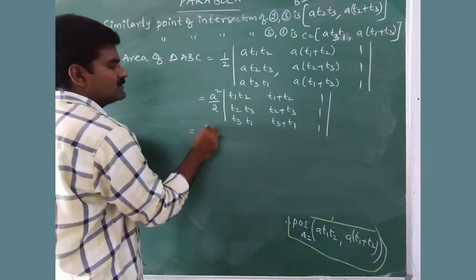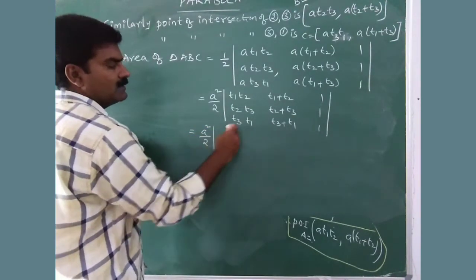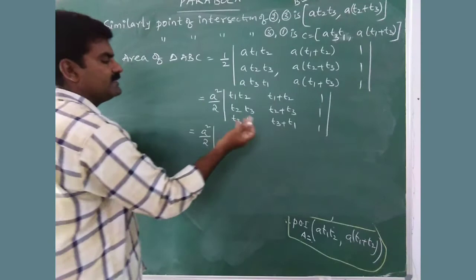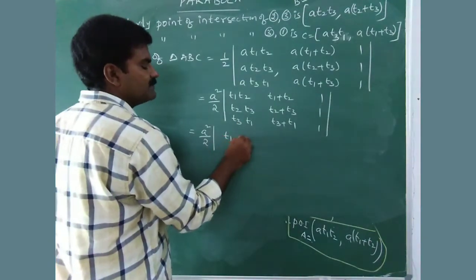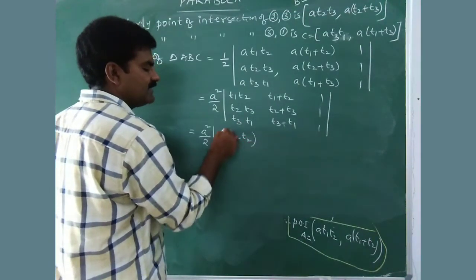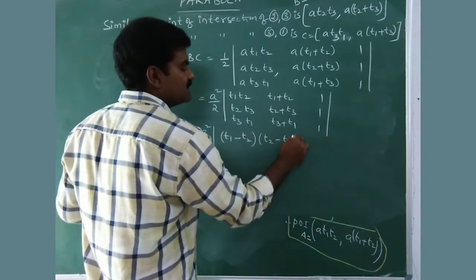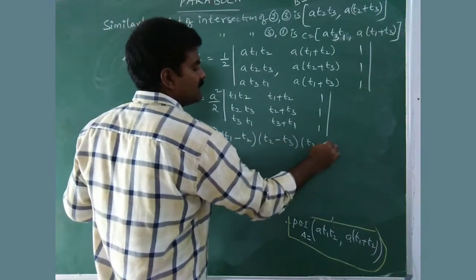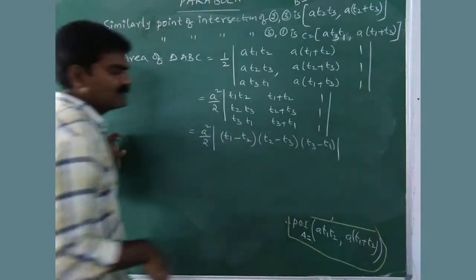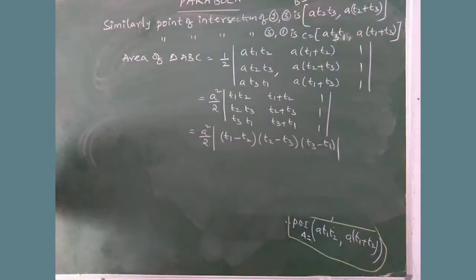Now just go for the determinant, and after simplification and cancellation, it can be written as (t1 - t2)(t2 - t3)(t3 - t1), which is the product of these.